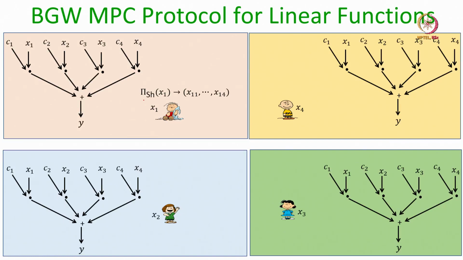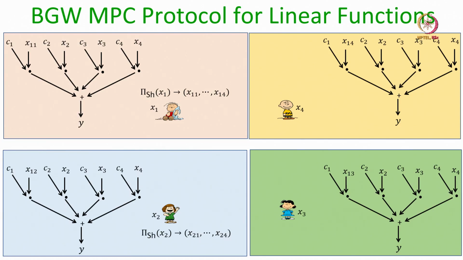During the input stage, every party will invoke an instance of the sharing phase protocol of a verifiable secret sharing scheme based on polynomials. So, for instance, P1 will act as a dealer, it will run the sharing phase protocol of the VSS and say the resultant shares are x11, x12, x1n, which are distributed to the respective parties. In the same spirit, party P2 acts as a dealer, and this can happen in parallel.